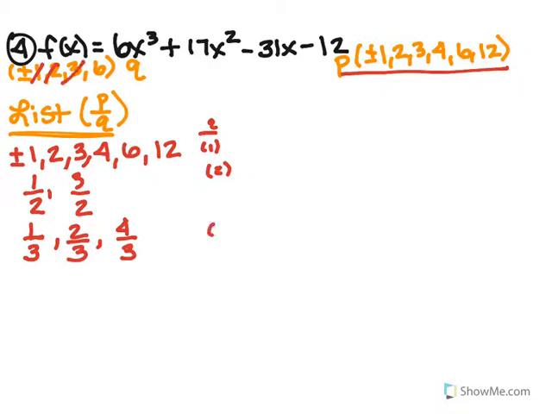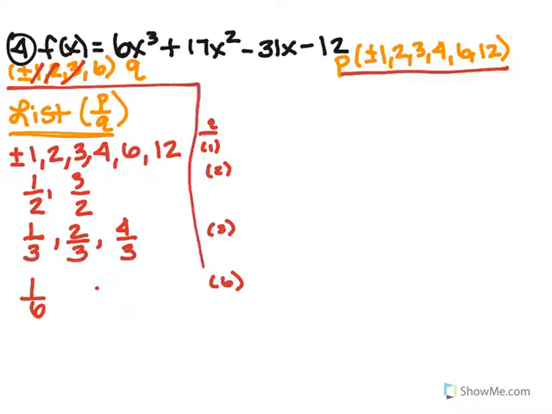Last Q is 6. So I can do 1/6, but 2/6 reduces, 3/6 reduces, 4/6 reduces, 6/6, and 12/6.